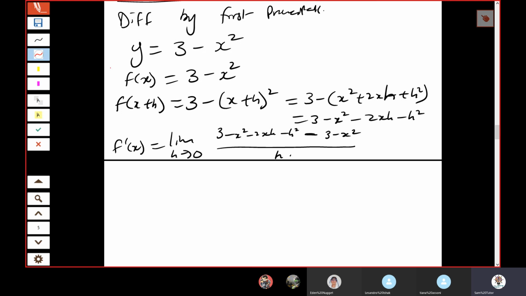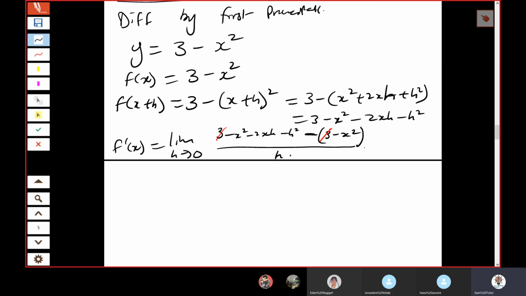If you guys wrote that, look what happens. 3, take away 3, gone. But what's minus x squared minus x squared? Minus 2x squared. It doesn't have an h. You've done something wrong. I said this side must always cancel out. What I've done wrong is I didn't use brackets.